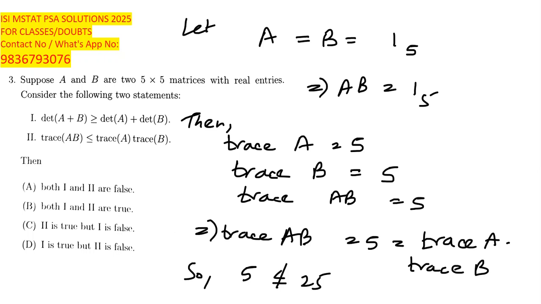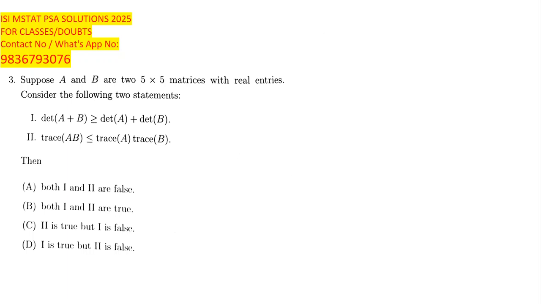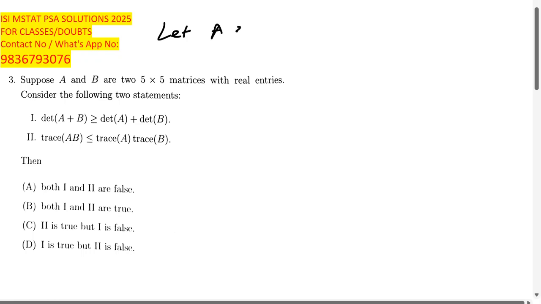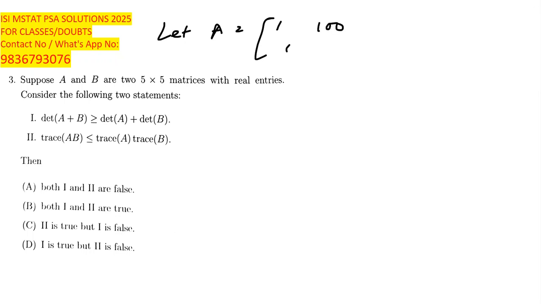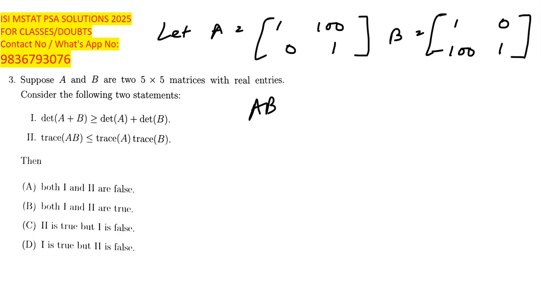But let's try it this way in matrix form. Let us consider A being 1, 100, 0, 1, and B being 1, minus 100, 0, 1. Then what is AB?